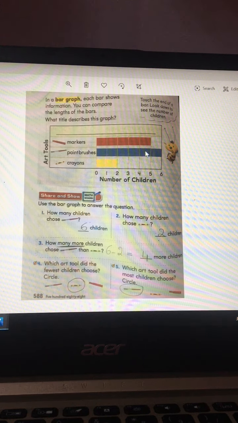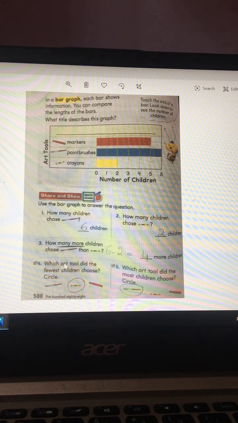How many children chose the paint brushes? 6. So we're going to write 6. How many children chose crayons? 2, as we said. So 6 minus 2. We are going to count from the small number to the bigger number. So the answer is 4 more children. This is question number 3.